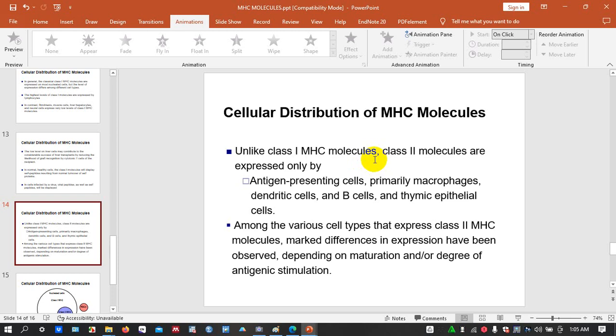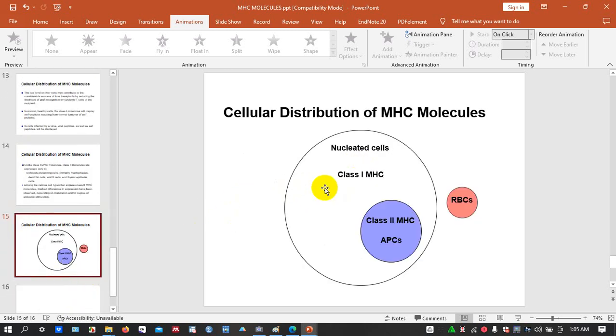So MHC class 2 molecules bind onto what? T helper cells, and T helper cells produce the cytokines which destroy the antigen that has been displayed on the surface of the antigen presenting cell. So let's see.